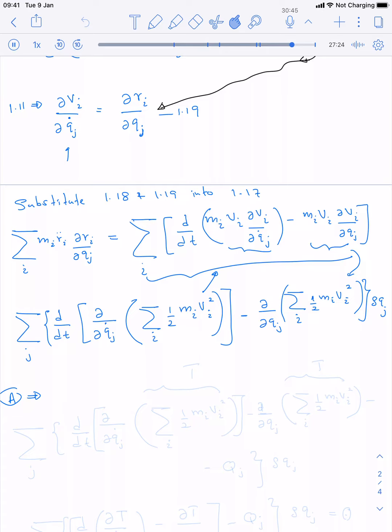So first of all, you have the sum over j of d/dt ∂/∂qj dot of the sum over i of half mi vi squared.